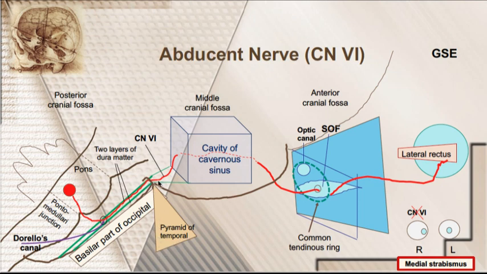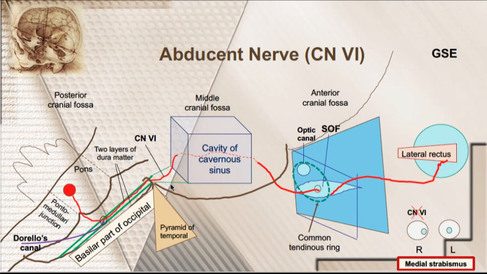Then it enters the middle cranial fossa, entering the cavity of the cavernous sinus. However, it pierces the dura mater much earlier, while ascending along the clivus of the occipital bone. Here it perforates the meningeal layer of dura mater and passes further through the dural canal called Dorello's canal, which opens into the cavernous sinus.